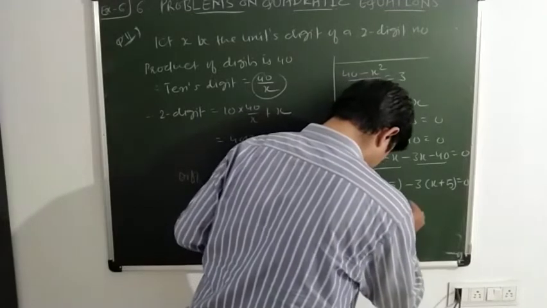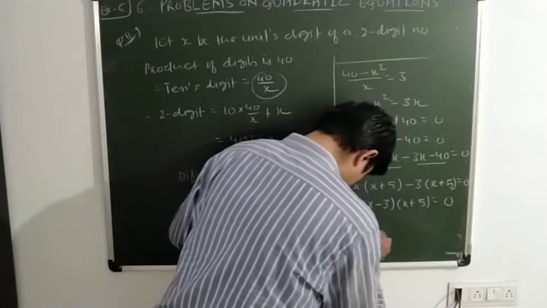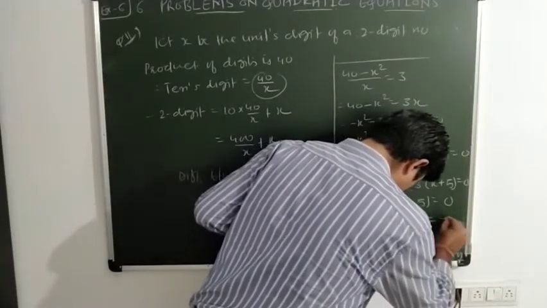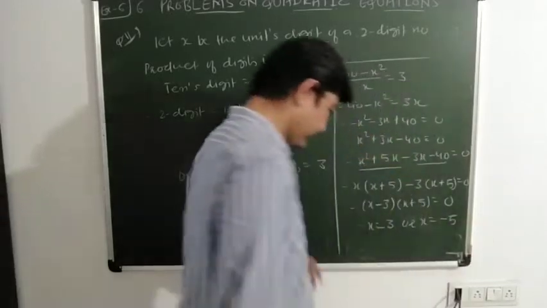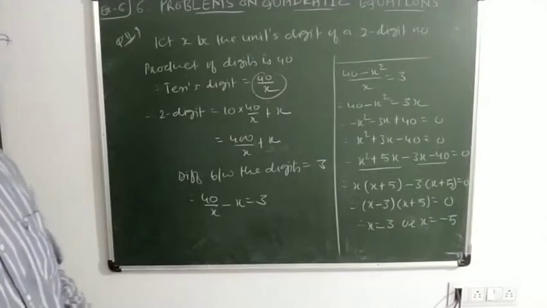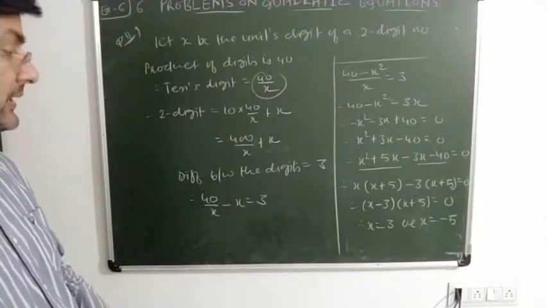Therefore x minus 5 into x plus 8 is equal to 0. Therefore x is equal to 5, or x is equal to minus 8. So we will neglect the negative value. So the value of x, that is the units digit, is 5.